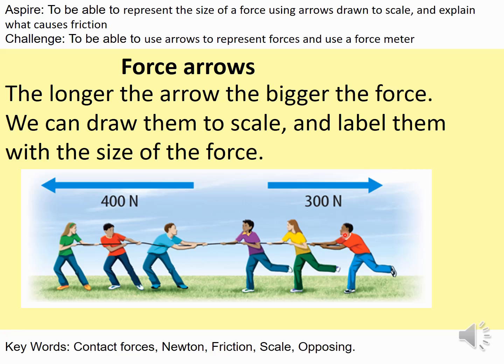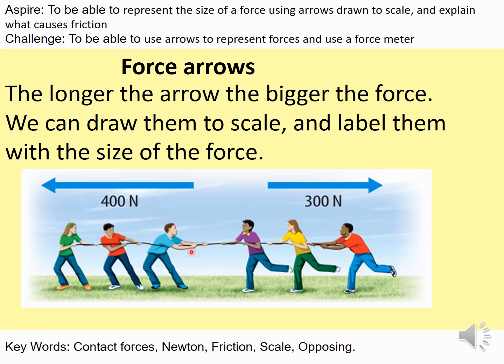Not just because of the way the diagram is drawn, by the way, because that should help you anyway. So hopefully you're going to tell me that these guys here are winning because their force is 400 newtons. You can see they're still pulling, whereas these guys have had to stop pulling because they've been pulled too hard, and they're all going to the left at the moment.